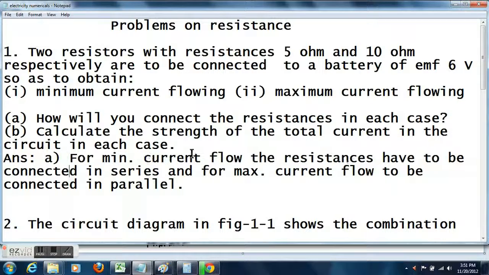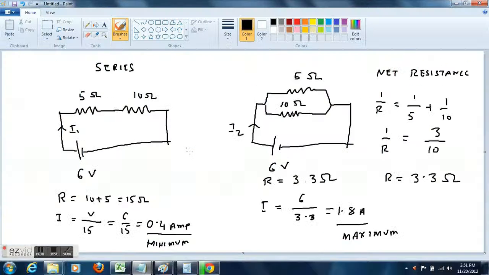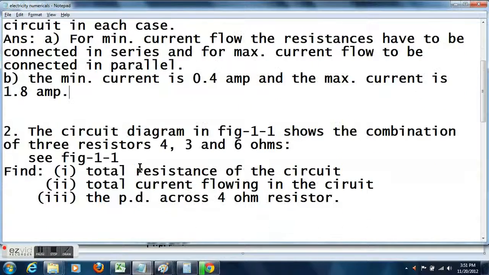This is for the question A, and for B, where you have to calculate the strength of the current. Now the minimum current is, in the case of series, 0.4 ampere, and maximum current, which is in case of parallel, is 1.8 ampere. So this is the solution to the first problem.